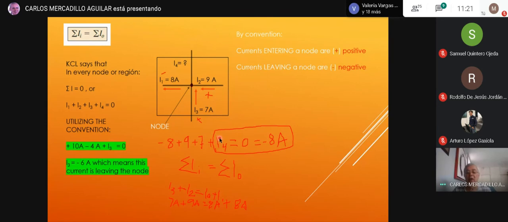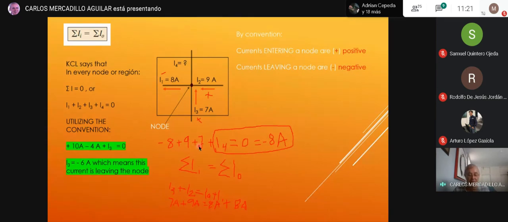We don't know I4, the unknown. So we can make this summation. Minus 8 plus 9 equals plus 1.